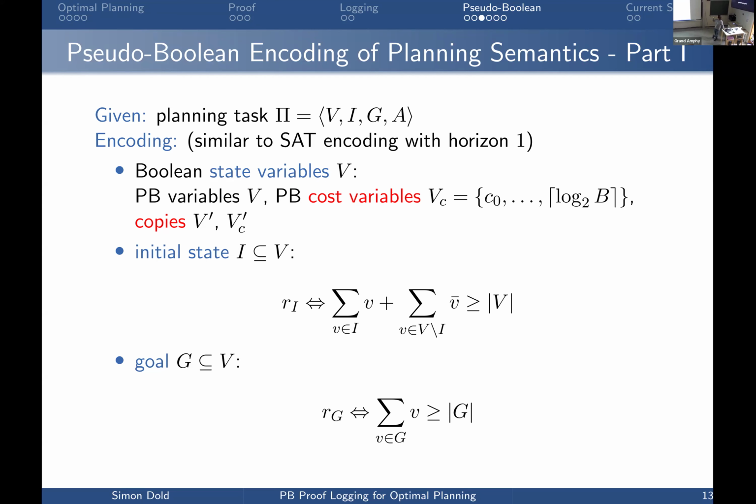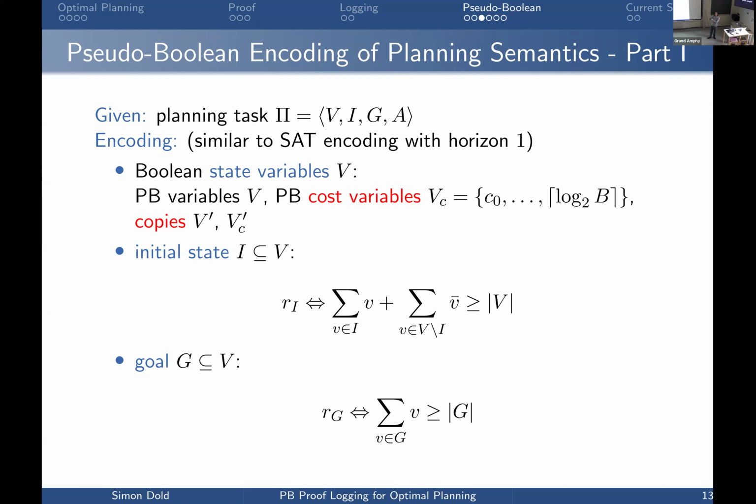And the initial state, we represent this as a conjunction of all the variables that are part of the initial state together with excluding all the variables that are not part of the initial state.